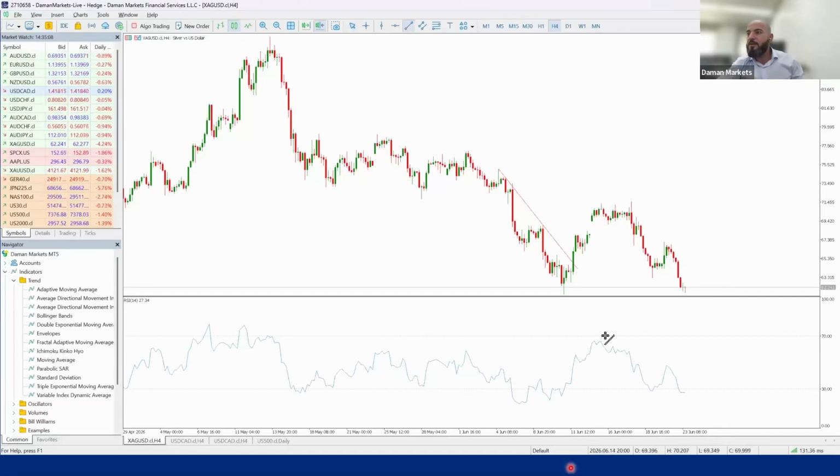I can say, okay, let me connect these tops here. So you see how the oscillator is below the downward trend line. And the moment I see a reversal above this trend line, I can assume that a similar reversal could be happening in the price.